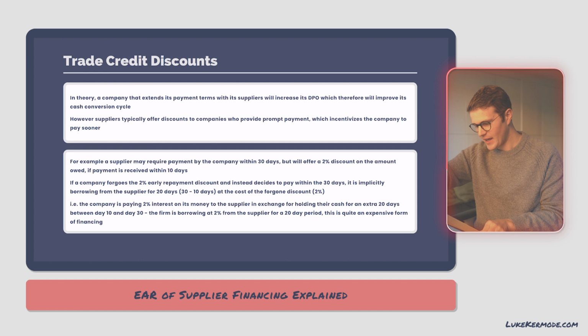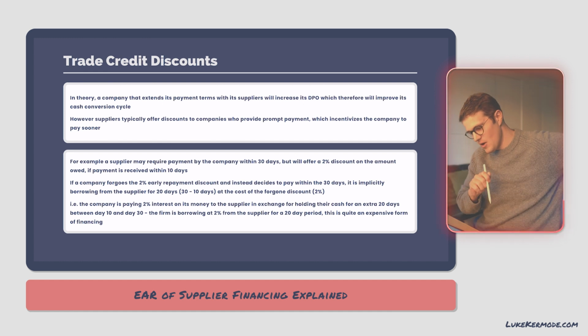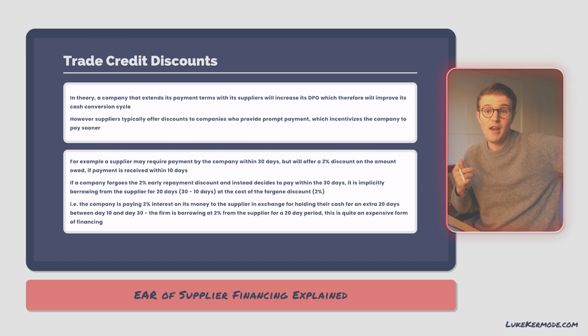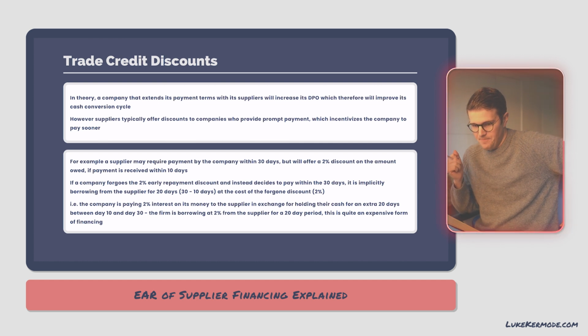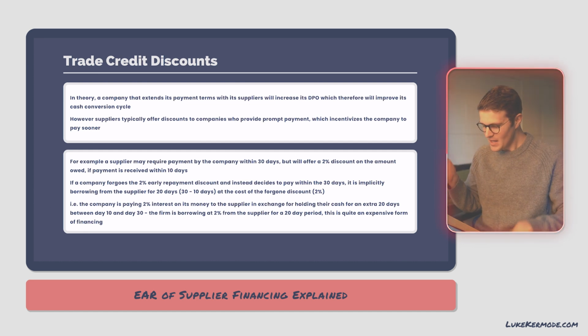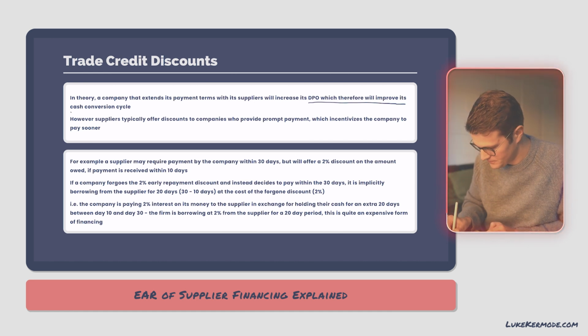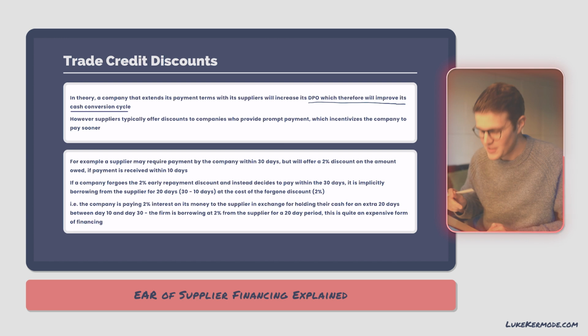When we start thinking about trade credit discounts, we need to think a little bit about the cash conversion cycle. In theory, a company that is extending its payment terms with its supplier base will increase its days payable outstanding and therefore will improve its cash conversion cycle. That makes sense, right?